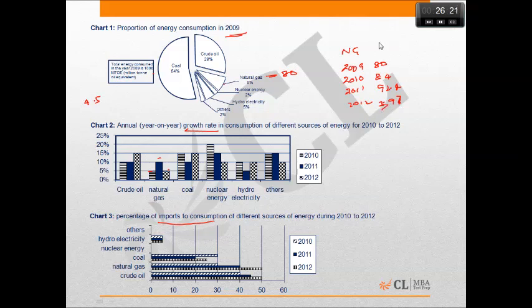There's a total thing, and we need imports in 2010 to consumption. Okay, 2010, and this is natural gas. Where is natural gas? This 30%, and this is 50%. So 30% out here and 50% out here.